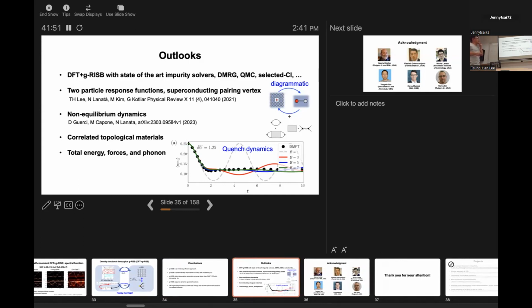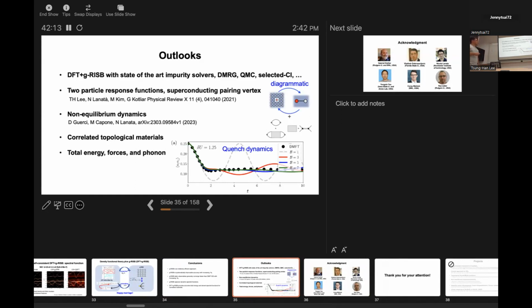So we would be interested to use, for example, tensor network, Monte Carlo, or other types of methods to solve this quantum impurity problem. And we can also compute the response function or pairing interaction vertex, and use some diagrammatic extension, which would also be interesting.